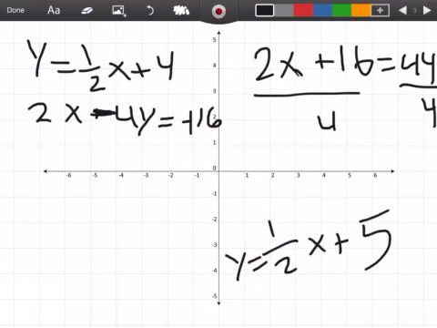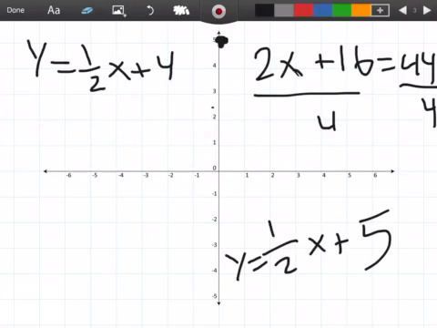So now what do we do? We start off at 5 right here. This is the y-intercept. And then 1/2, so rise 1. Let's make both numbers negative, because obviously we don't have space. So these are our final equations.